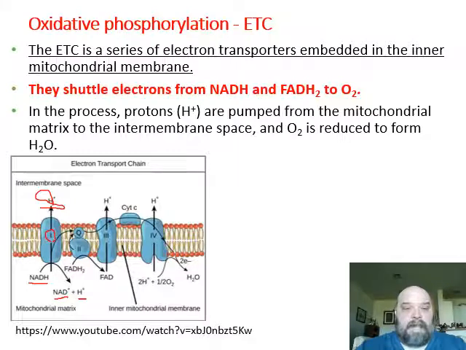It's going to pass that still excited electron to complex 2. Complex 2 with cytochrome Q is going to shuttle it over to complex 3. 3 is going to take, transport over another hydrogen. Cytochrome C to 4, transport another.